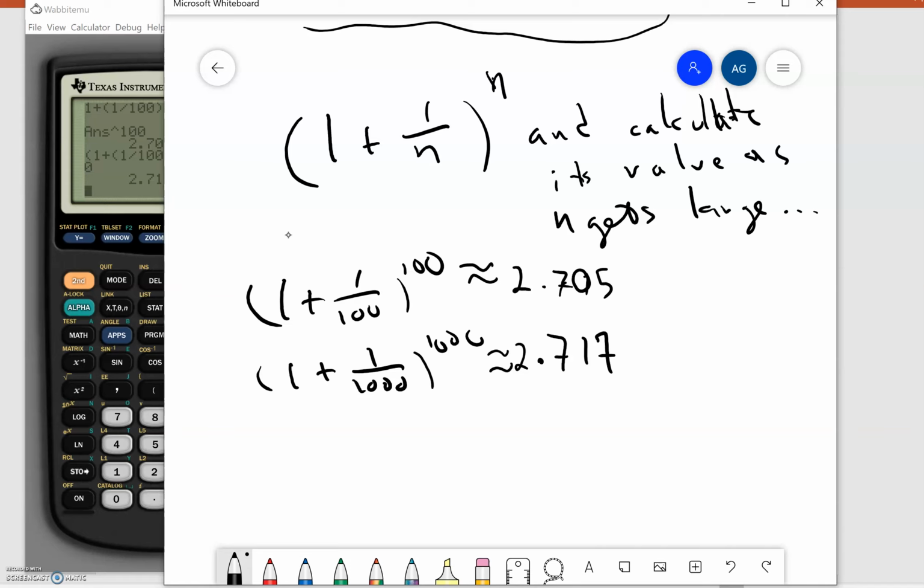Now, if you let n get bigger and bigger and bigger, you're going to be compounding more and more often, and eventually you're basically going to be compounding all the time, i.e. continuously. So as n goes to infinity, we call this continuously compounded.